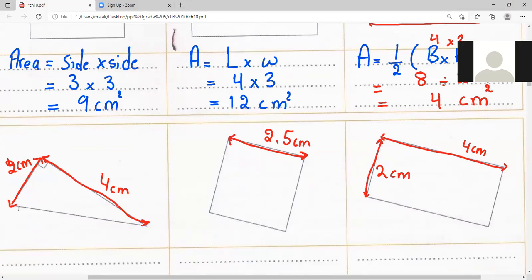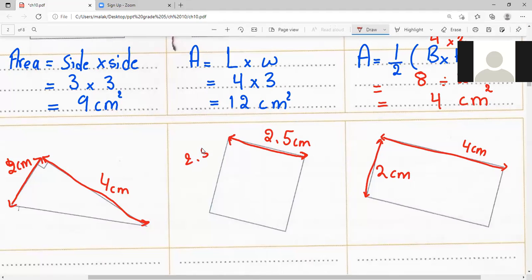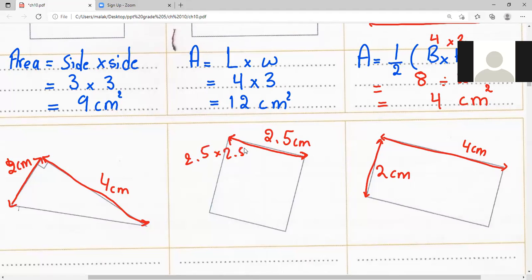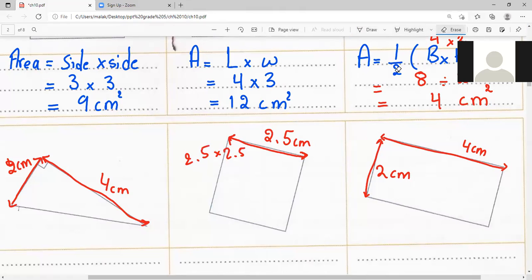For the remaining time, work on part B by yourselves. Teacher, I have a question. Same way as part A. Yes, Mohammed. Here we have 2.5. We multiply 2.5 by 2.5, right?